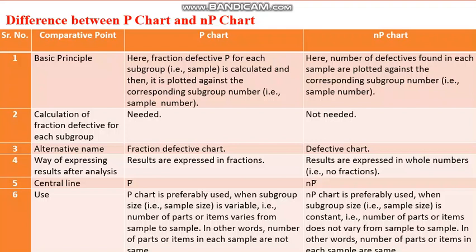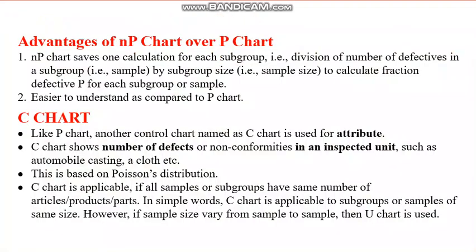And where we use: when all the subgroups have same number of samples, then we use NP chart. And if each sample has different number of items, then we use P chart. So these are the differences.